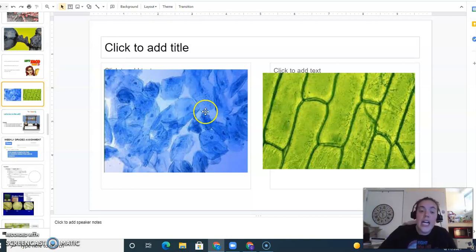So here we see that these animal cells are more circular, while this plant cell is very boxy and very rectangular. These are all about the same shape, the same size, and they're all nice in a row. This is chaos. Just little circles, little ovals, all mixed together.